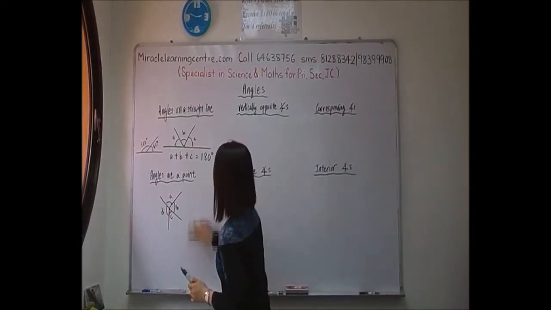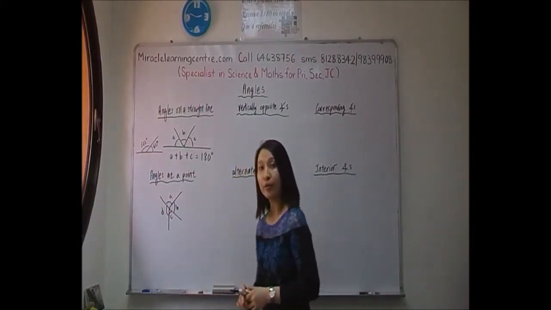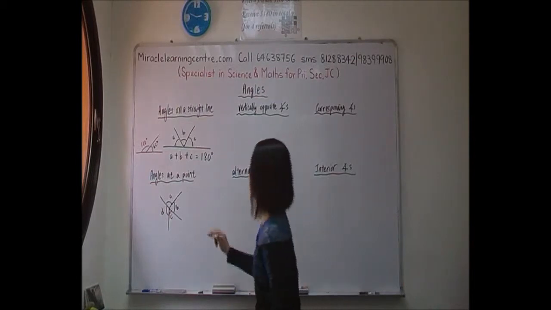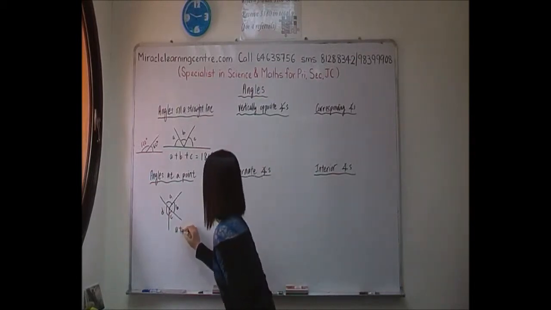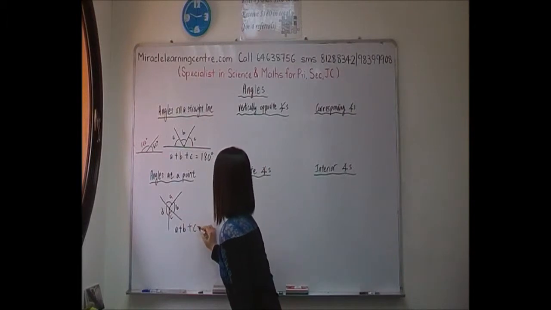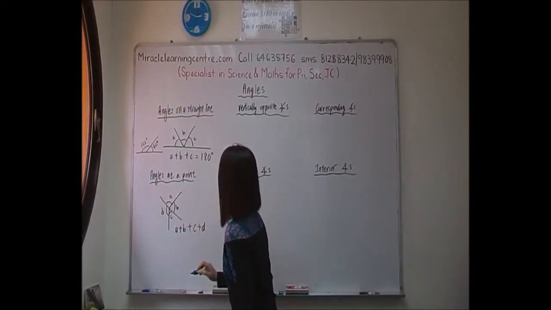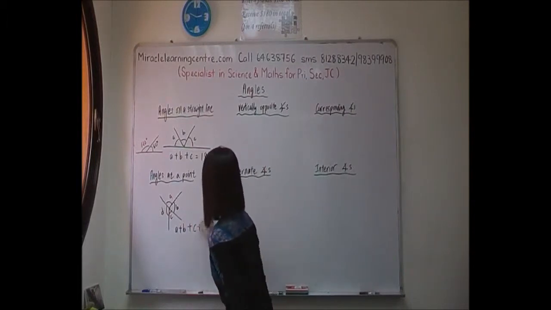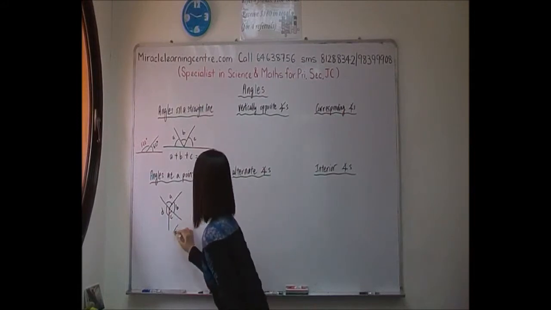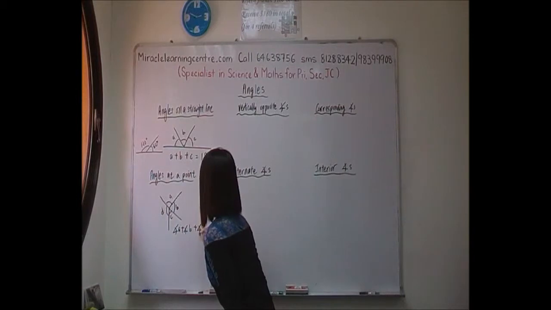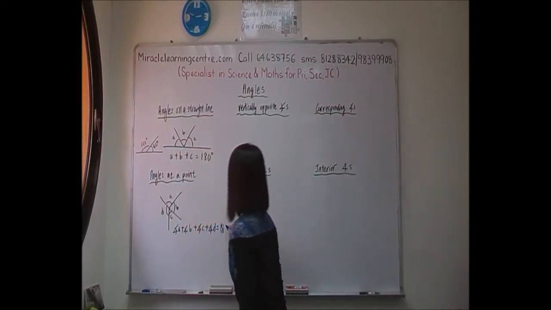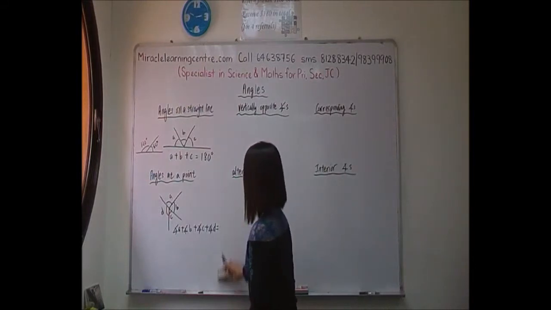So all of them will add up to 360 degrees. So A plus B plus C plus D. Let me write the angle sign in, sorry. Angle A plus angle B plus angle C plus angle D will be 360 degrees.